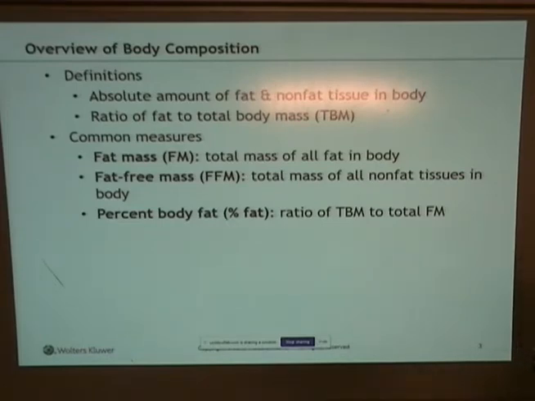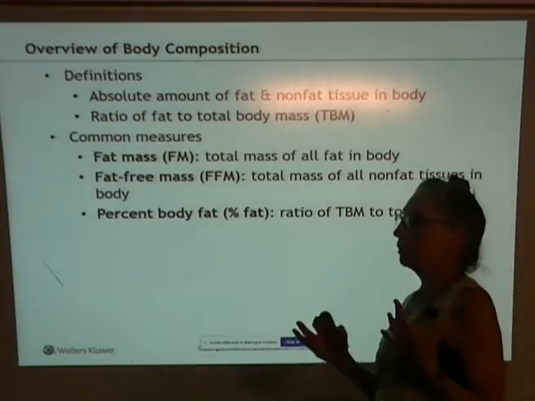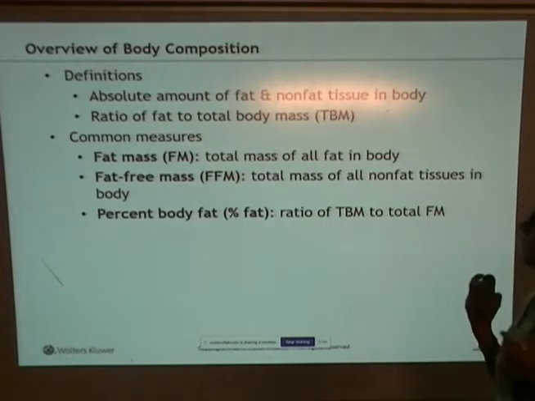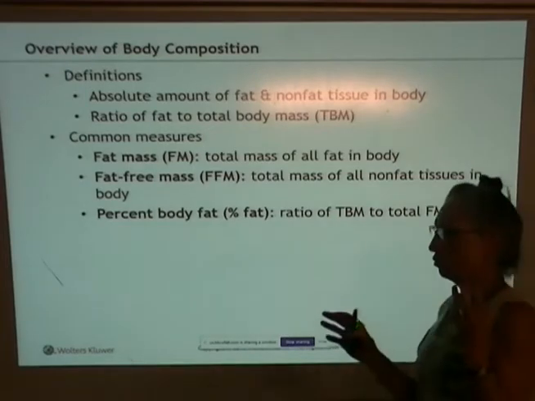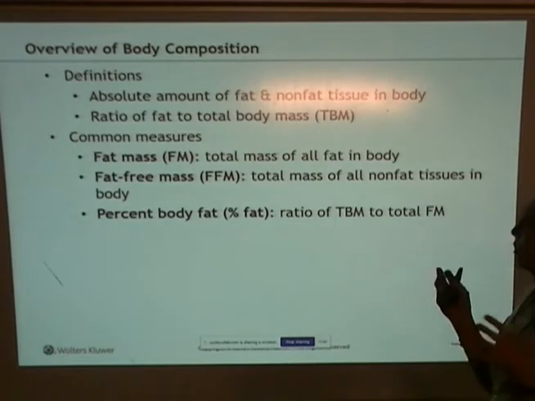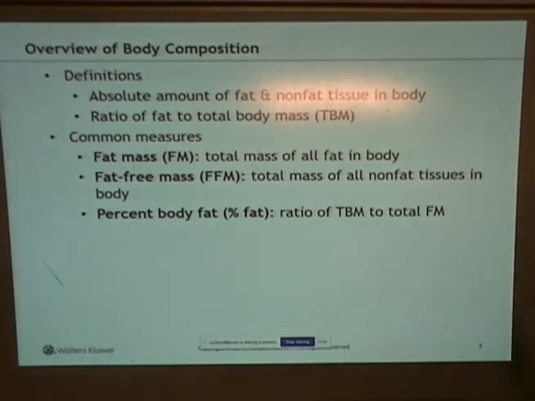All right, so just some terminology to begin with. When we're looking at body composition, we are interested in the amount of fat tissue and the amount of non-fat tissue and the ratio of the fat to your total body mass.